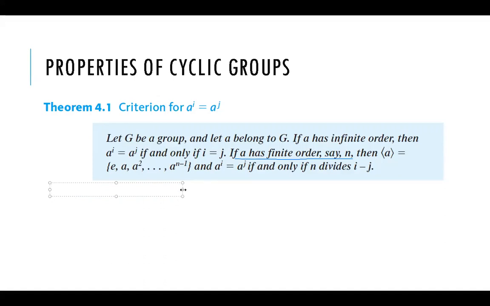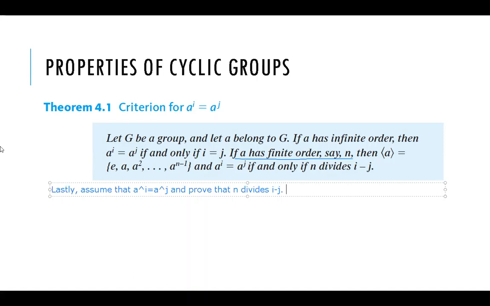In the end, we assume that a^i equals a^j, and prove that n divides i minus j.